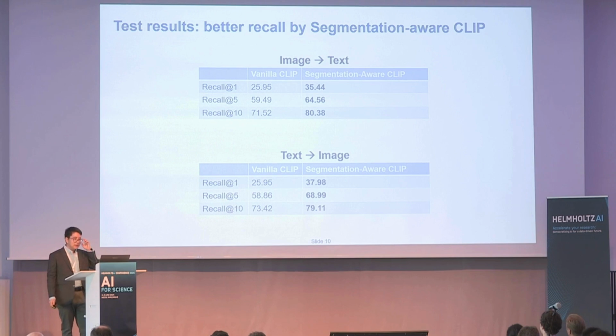For recall at 1, vanilla CLIP is 25.95% on image-to-text, and the segmentation-aware model improves by 10%. As we go up to recall at 10, the score increases for both, and the same trend is there for text-to-image.